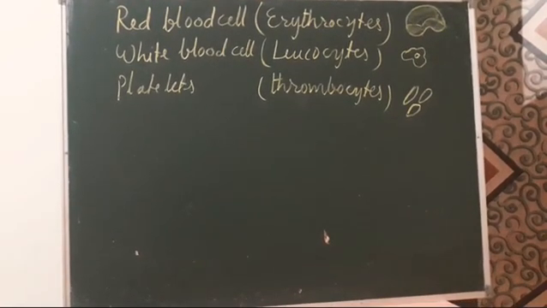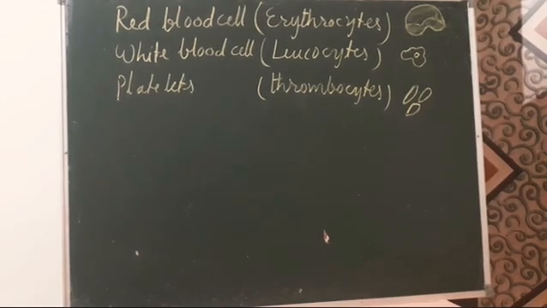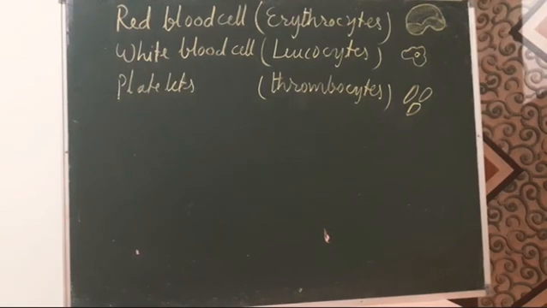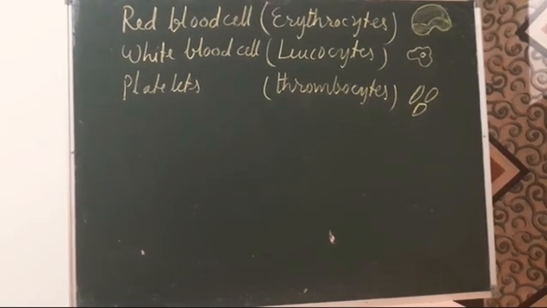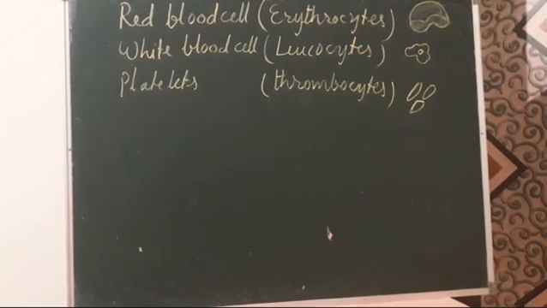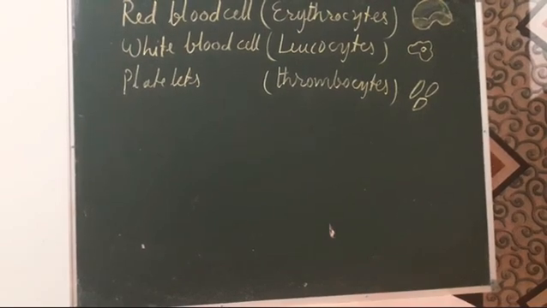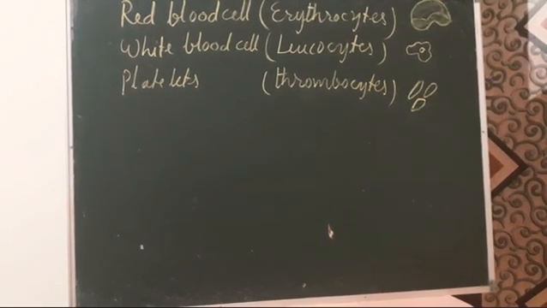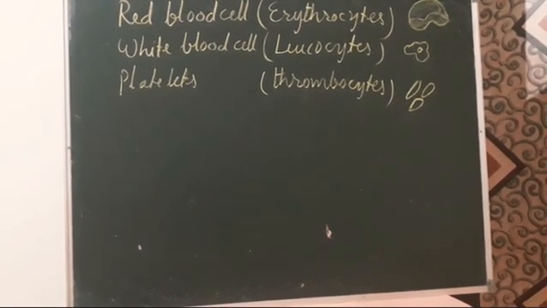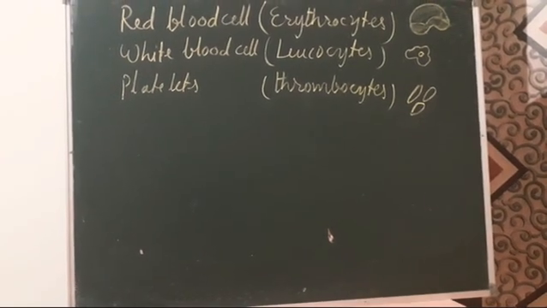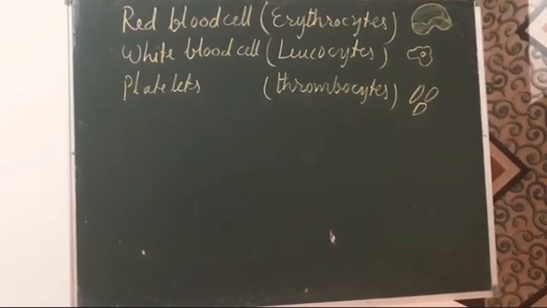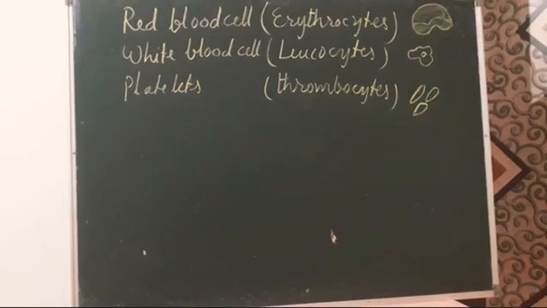It has the ability to combine readily with oxygen, forming oxyhemoglobin, an unstable compound, so that when it reaches cells and tissues it can break down and deliver the oxygen to the cells. Hemoglobin can carry a very small quantity of carbon dioxide in the form of carbaminohemoglobin.